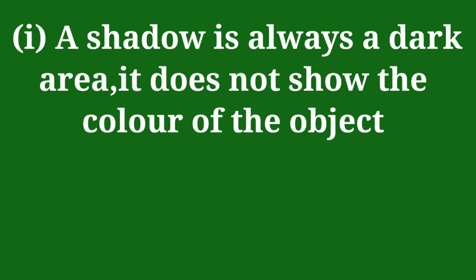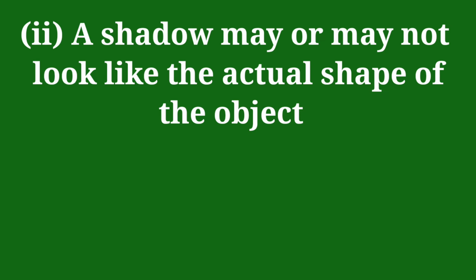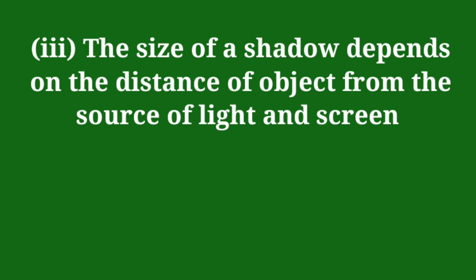The second characteristic is that a shadow may or may not look like the actual shape of the object. These are all very common experiences. If you do this experiment or activity, you will be able to see that these characteristics are all visible and evident.